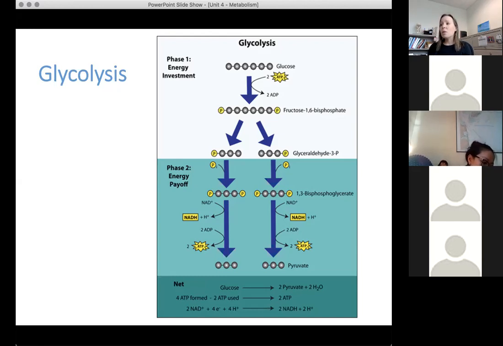Also, small amounts of energy are collected from the glucose molecule and are stored for the last step of cellular respiration.